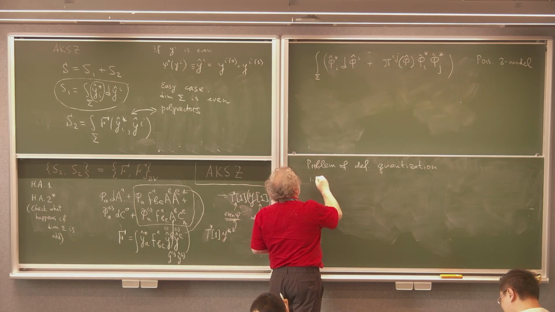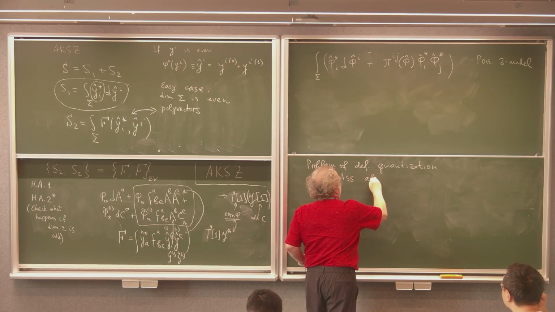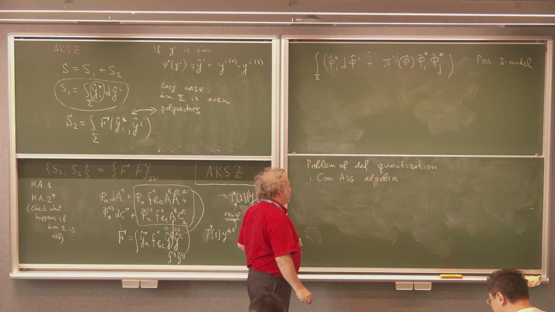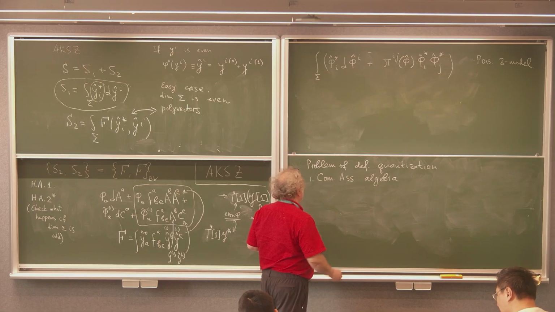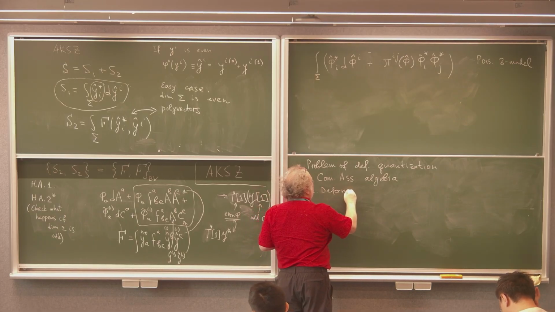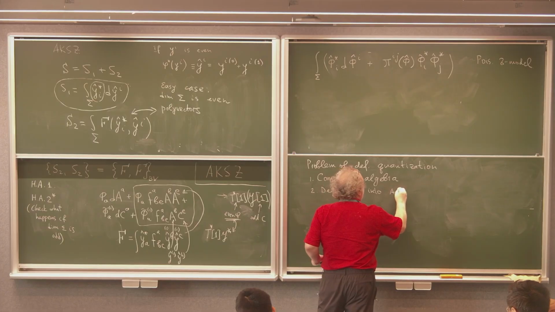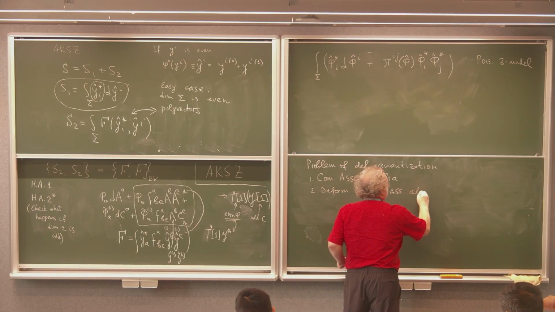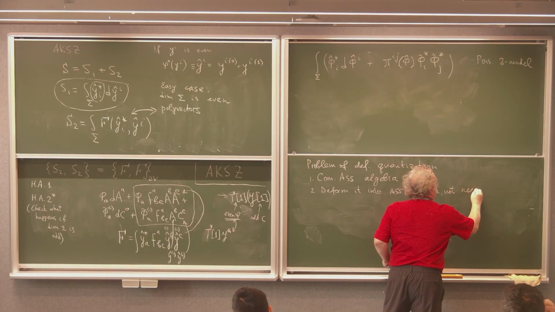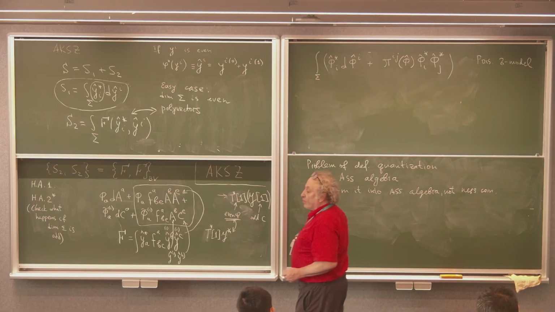Start with a commutative associative algebra. Deform it into an associative algebra, not necessarily commutative. And let us do it for polynomials.